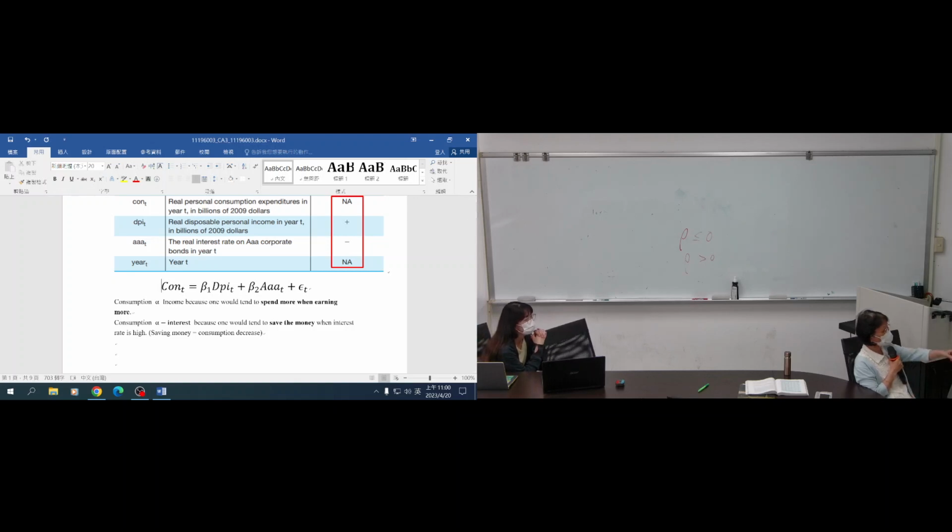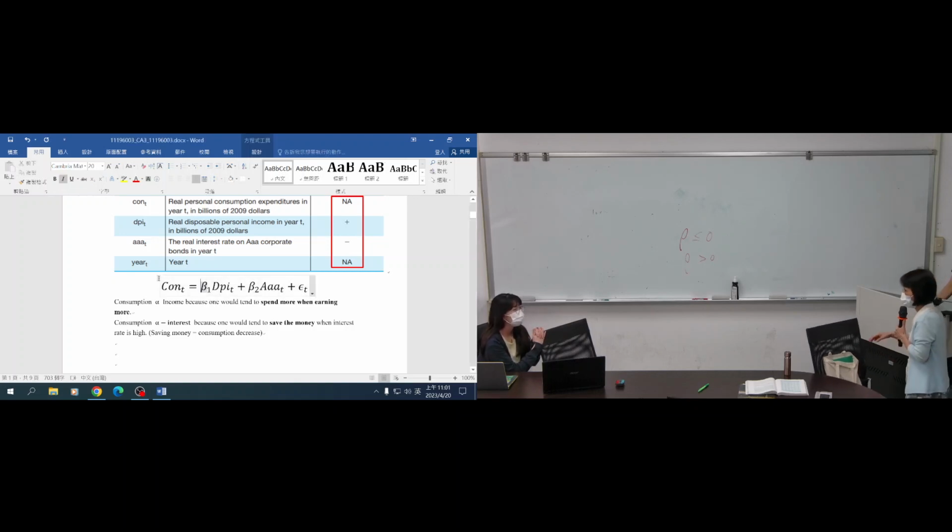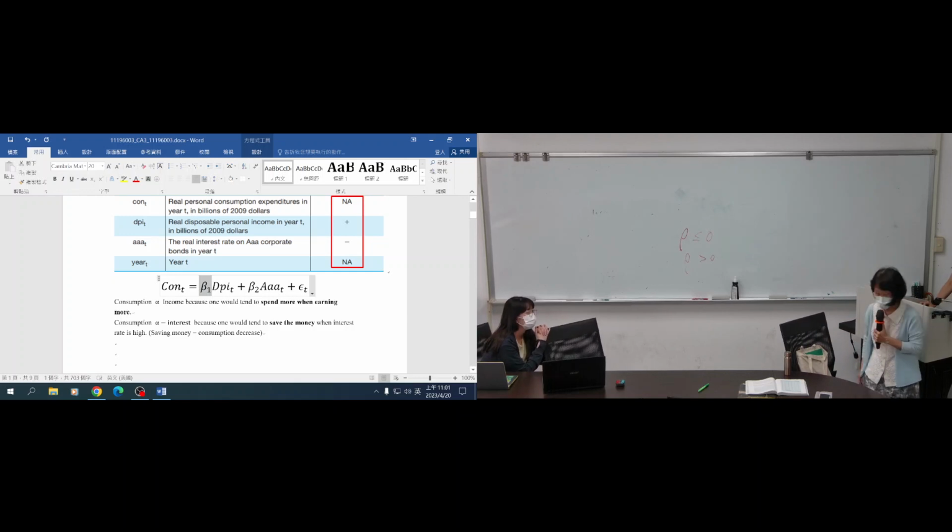And why don't you have an intercept in the model? You should have an intercept in the model. There's no intercept in your model. You should have intercept beta 0 plus this one. For the Durbin-Watson statistics test, the model should have an intercept, and usually we do have an intercept.